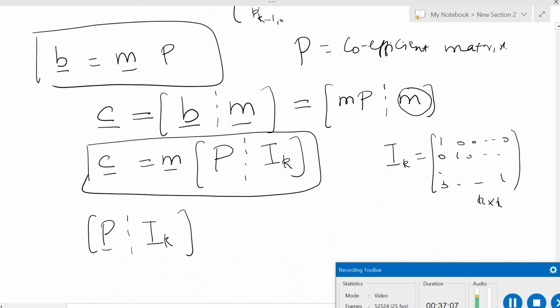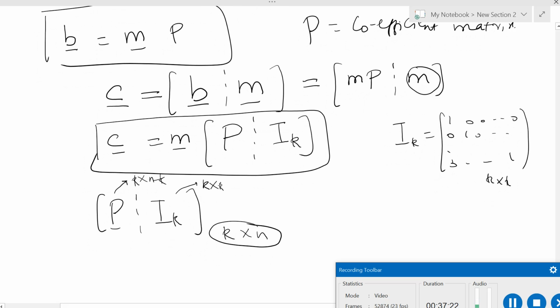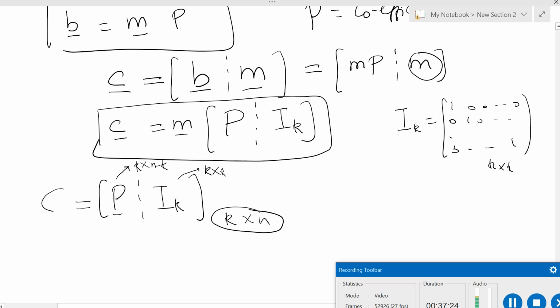So this P is K over N minus K. This is K over K. So the overall will be K over N, right? This matrix is denoted by G, and it is called a generator matrix.